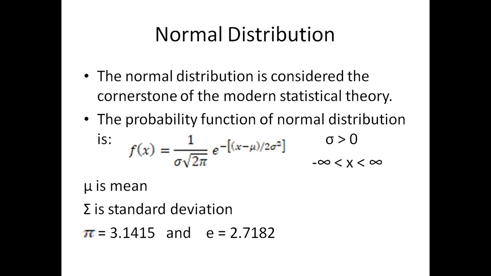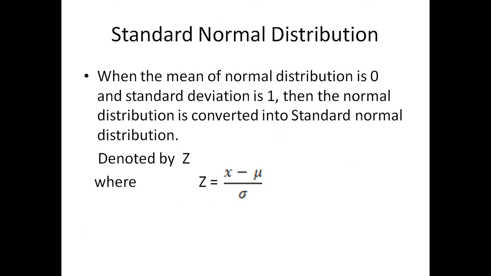As you can see, this probability function for the normal distribution is very complicated, and every time you put in values it would be more complicated and difficult to solve. So for this purpose, we have another method to find the probabilities: we use the standard normal distribution.